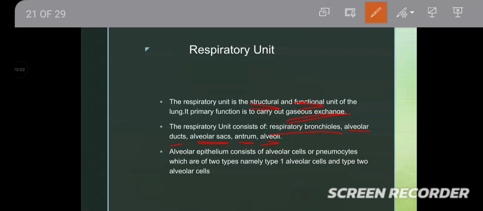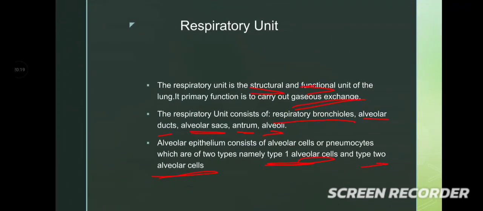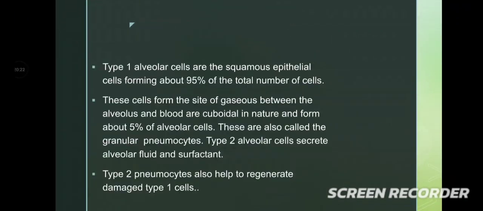So the alveolar epithelium consists of what? Two types of alveolar cells, or pneumocytes, which are the type 1 alveolar cells and the type 2 alveolar cells. Very important cells, and each plays a specific role and function.